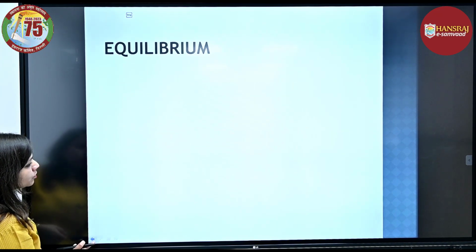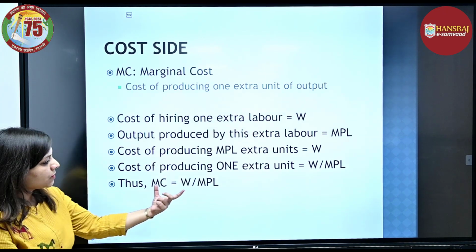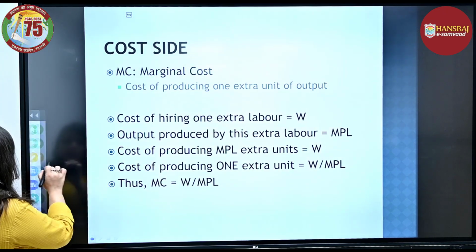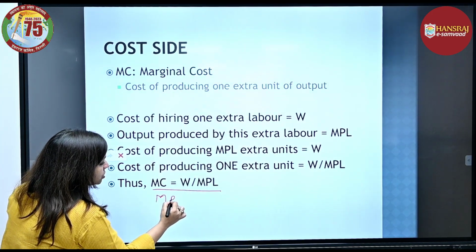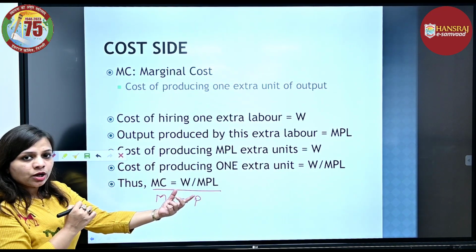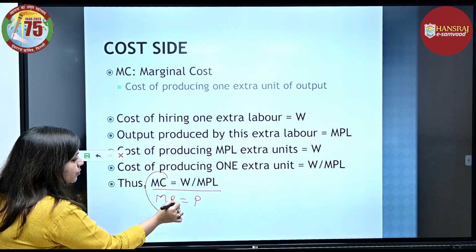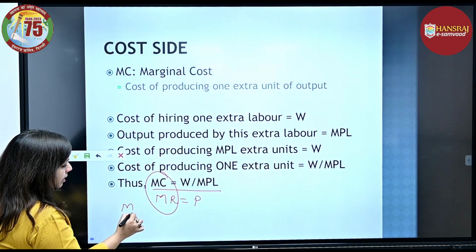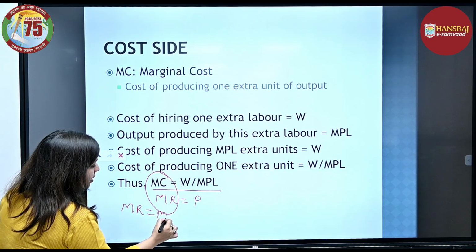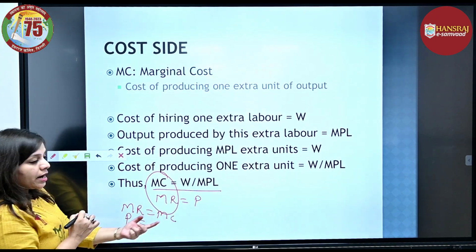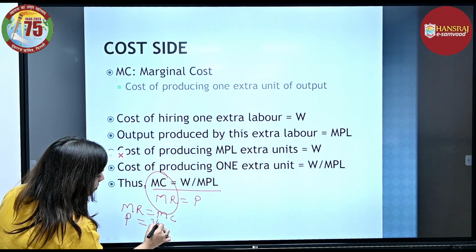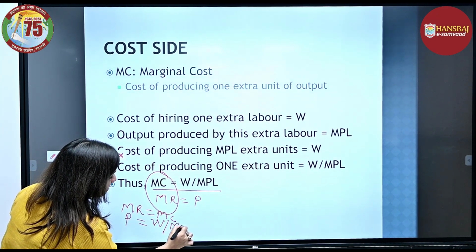If I go back to the previous slide, this is my marginal cost, what I have written earlier. My marginal revenue was nothing but price. Output market equilibrium is coming from here, that is MR is equal to MC. MR is my price and MC is my W by MPL.